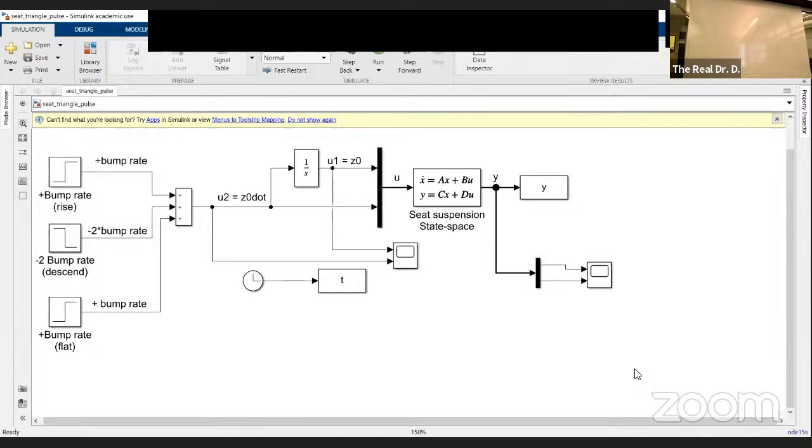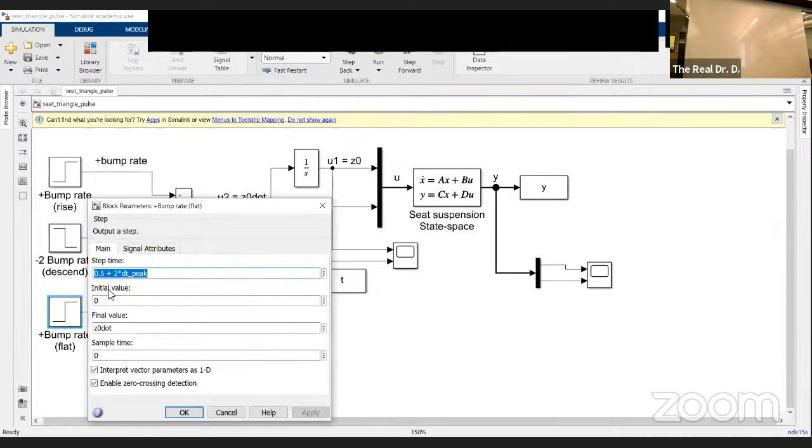Right? So how do I create this triangle pulse? Well, there are 3 parts to it. The first is the initial bump rate. The second is the descent, and the third is the flat. So let's look at flat. 0.05 plus 2 times the peak.